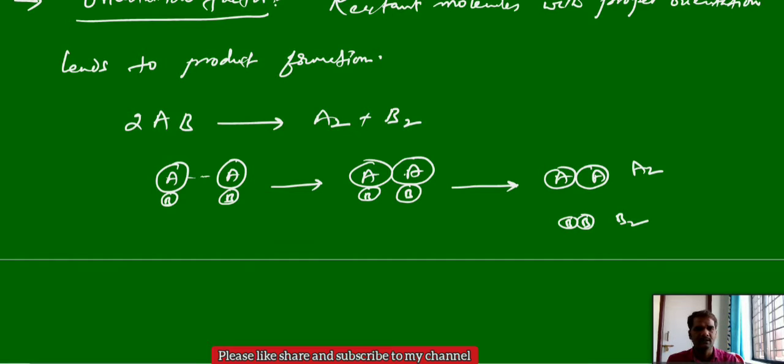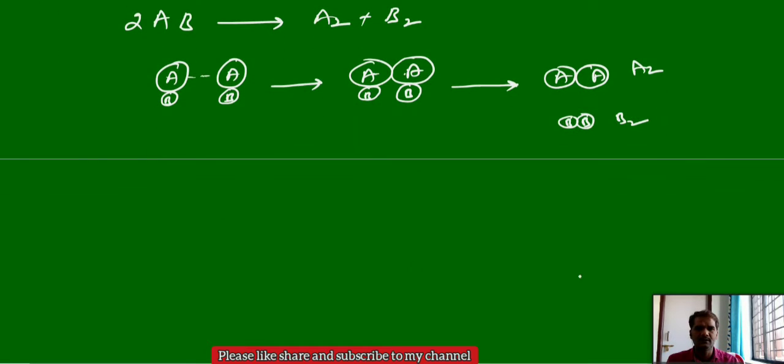Instead, if I take the collision in this manner, with this A and this B, and next this B and this A, and you make a collision in this direction, then what happens? First they form an activated complex.